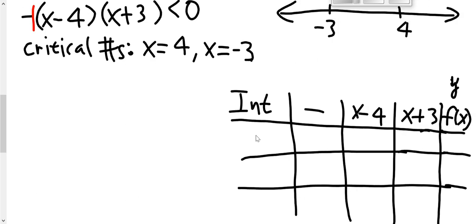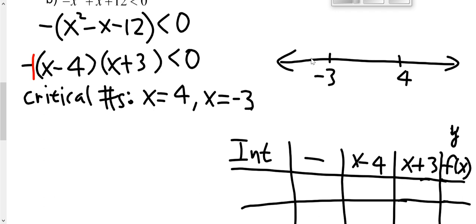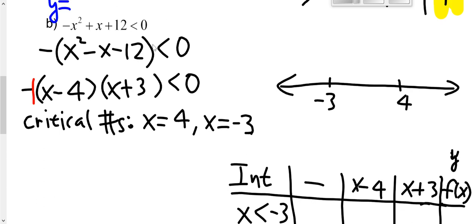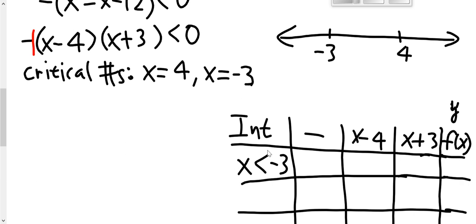So now let's set up the heading for each region. We have one region here that we need to look at, another region, and a third region. So once again, we have 1, 2, and 3 regions. For this first region, it is anything less than -3. So x less than -3. Because in our original question we have a less than sign, we do not include 0, so we don't have the equal component here.